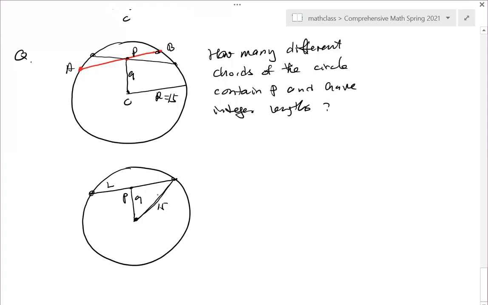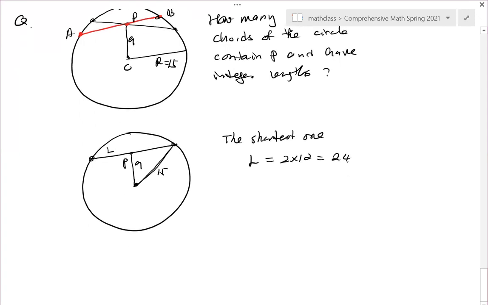Here's a 15. So 15 is 3 times 5. 9 is 3 times 3. So the shortest one, L, is going to be 3 times 4, which is 12.